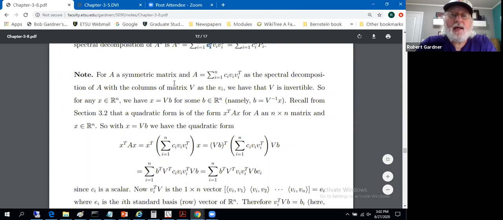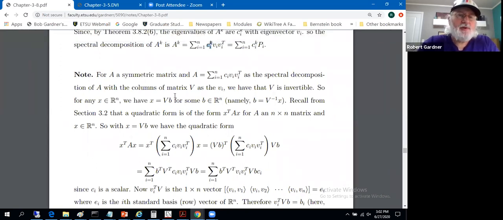Okay, for A a symmetric matrix, we know we can write A as this spectral decomposition. If we take the columns of a matrix V to be these V sub i's, a symmetric matrix is going to have a collection of orthonormal eigenvectors.